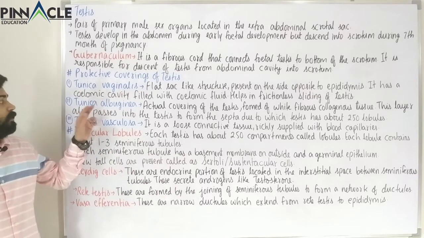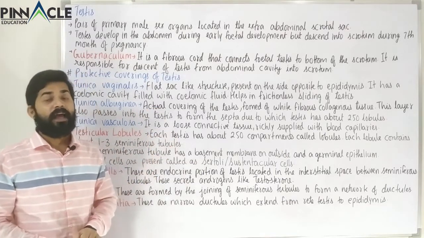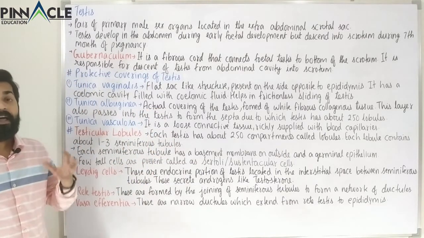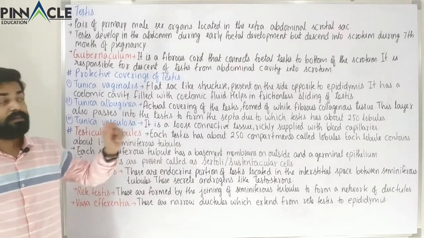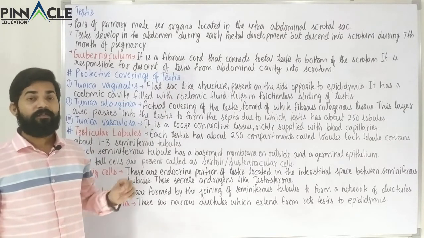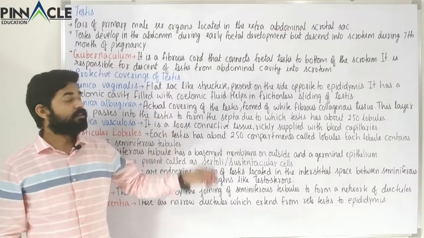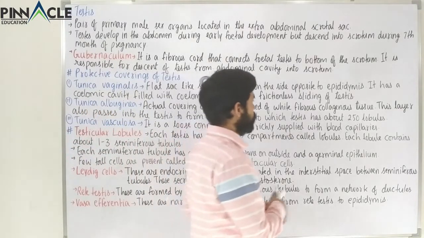Now we come to the tunica albuginea. Obviously it lies on the inner side, and this tunica albuginea is the actual covering of the testis. This tunica vaginalis is not the actual covering of the testis. It is formed of white fibrous collagenous tissue.